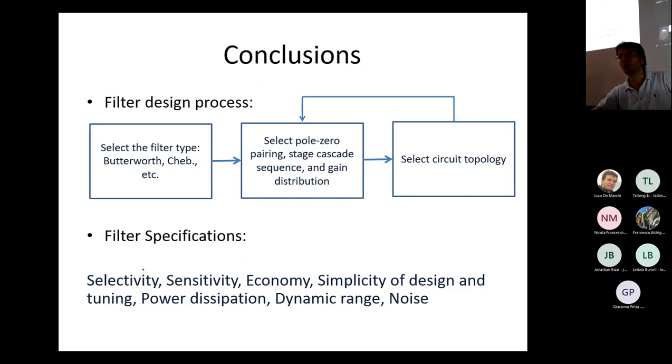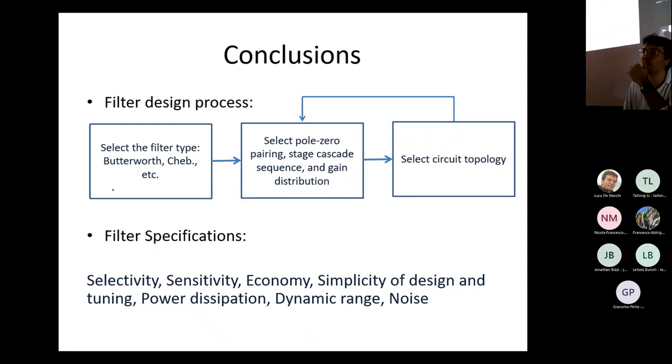Okay, so to conclude the, let's say, design strategy for low-pass filters from a pure abstract perspective, the filter design process can be subdivided into these steps. So first of all, you have to select the filter type. So you can pick up Butterworth, Chebyshev strategies. There are many others, such as Bessel filter, elliptical filters.